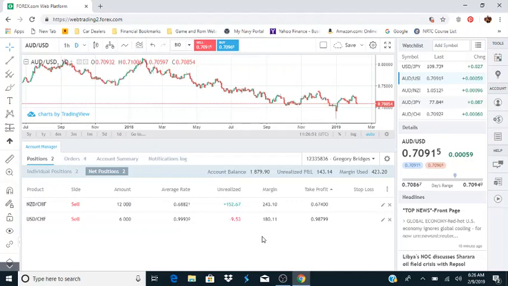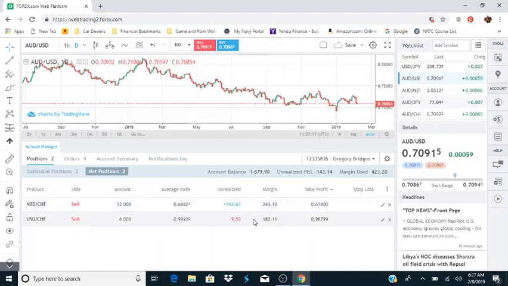And what they're saying is, we will allow you to go negative $243.10 before we take you out of the trade. So let's say I got into a trade on the wrong end and I wasn't paying attention. They will allow me to go negative $243 before they take me out of the trade and take that $243.10.